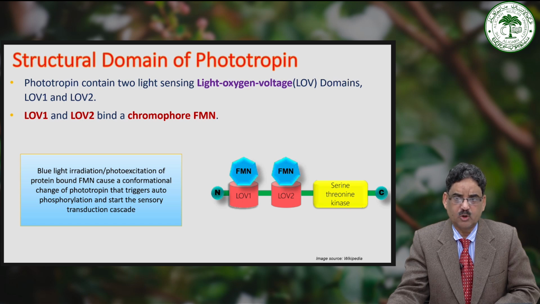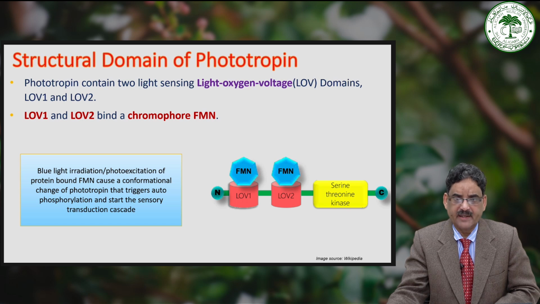Moreover, phototropin contains two light-sensing light oxygen voltage, that is LOV, domains. They may be LOV1 and LOV2, each binding a chromophore flavin mononucleotide, called FMN.